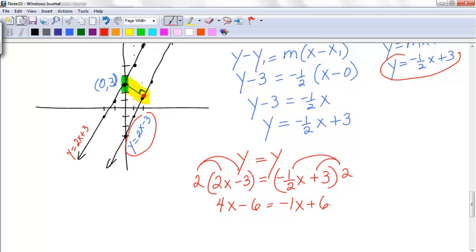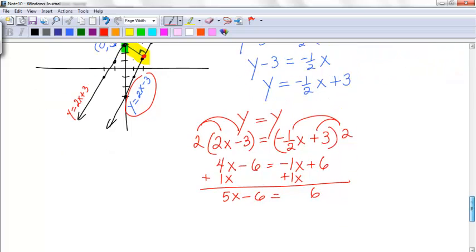Get the x's together. Now some of you may be at that stage where you can do that step by sight. If you can, that's okay. If I add 1x to both sides, if you can do that by sight and not miss it, that's okay with me. And then take the 6 to the other side, add 6. 5x equals 12, divide by 5.